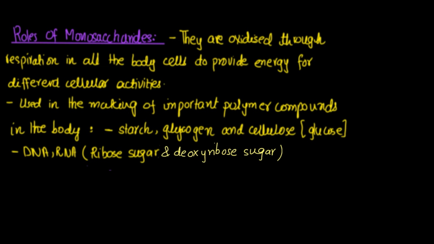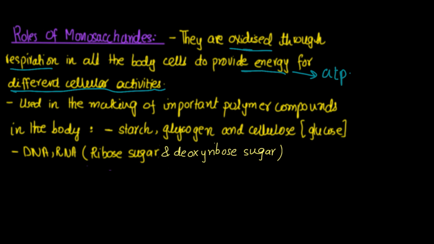Finally we come to the last part of monosaccharides, that's the role of monosaccharides. As written, they are oxidized through respiration in all the body cells to provide energy for different cellular activities. Energy means they provide ATP.